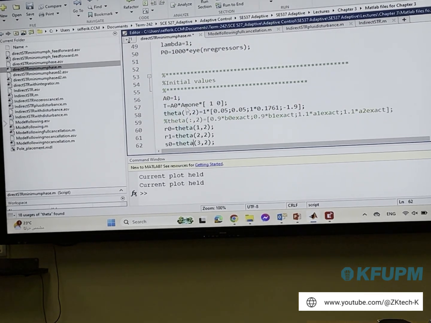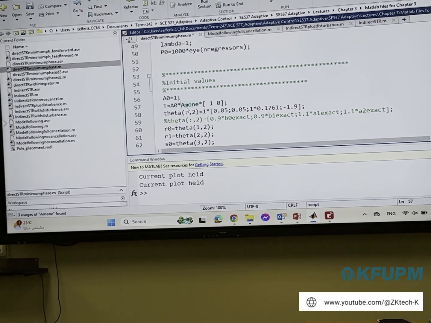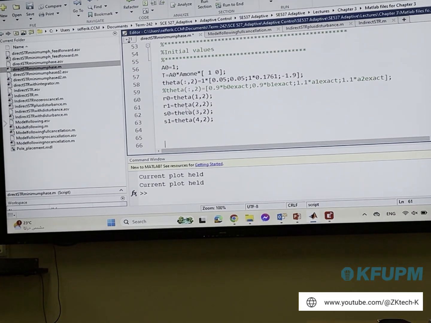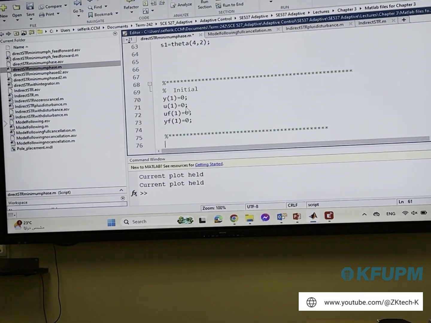I need initial values, as your friend pointed out, because there is some shift in time. So I need to have the value of A0. I need to have the value of theta 0, which is A0 multiplied by AM1, constant in this case. I take the value of the parameters B and S random, then R tilde and S tilde.